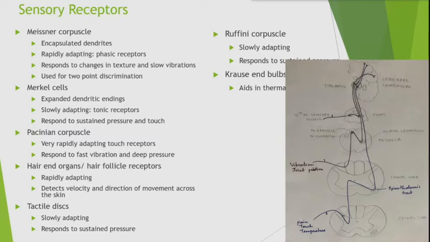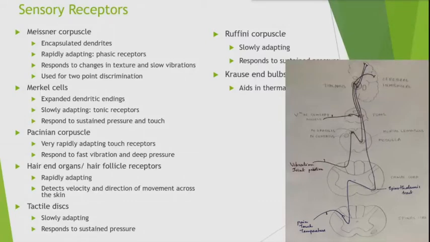Yes, and posterior column, trace the pathway. Posterior column, nucleus gracilis and cuneatus. Then they cross to the opposite side. Where does it reach?